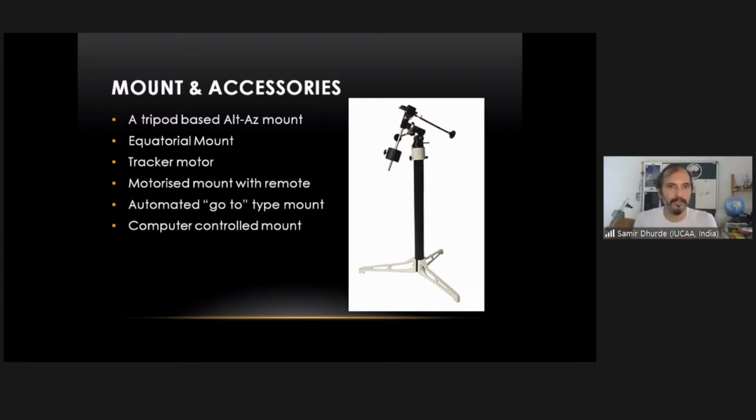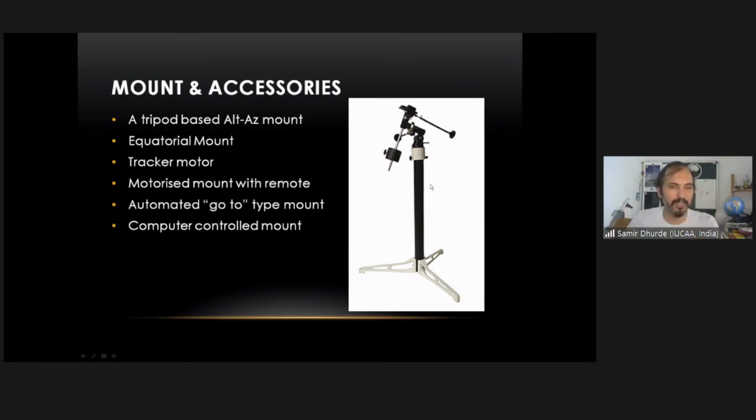That's what we were trying to do. We were trying to counter the Earth's motion, which is once in 24 hours. So this motor is basically helping us do the same, countering that motion. The Earth is turning in this direction, so the mount moves in the opposite direction and can follow the object in the sky all the time, right?